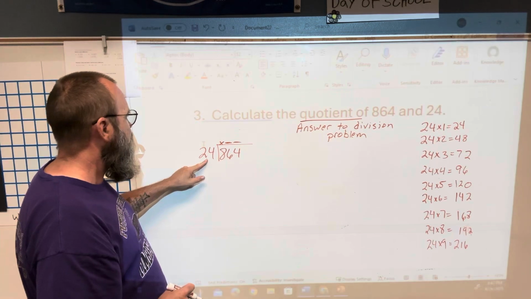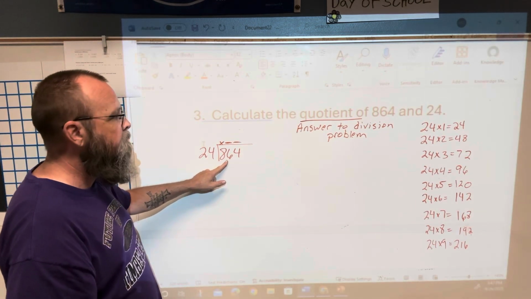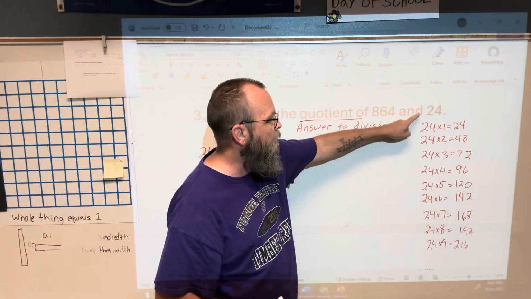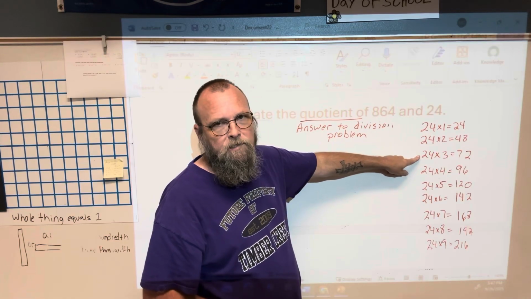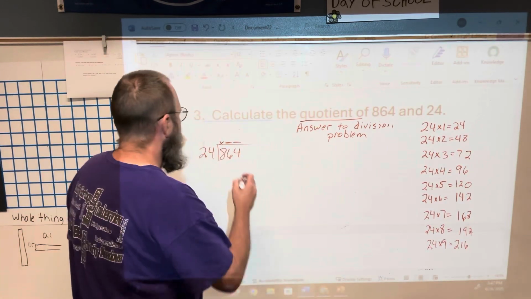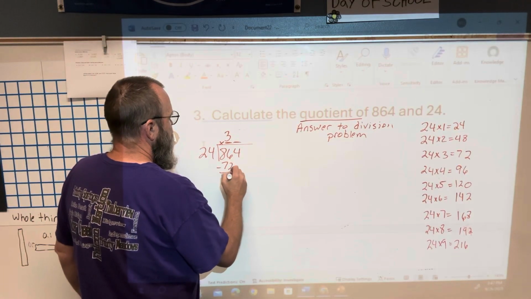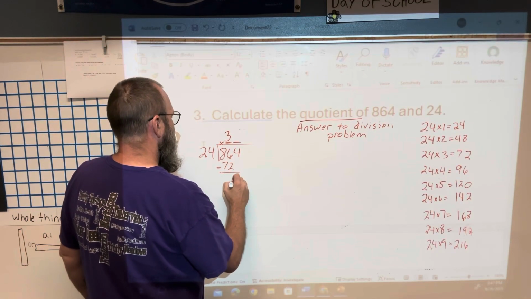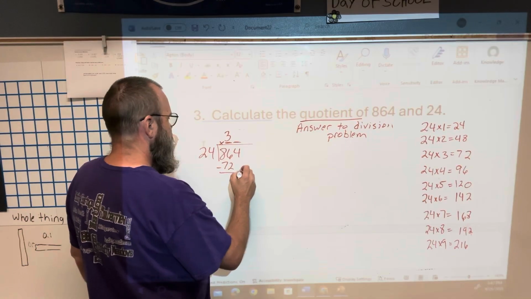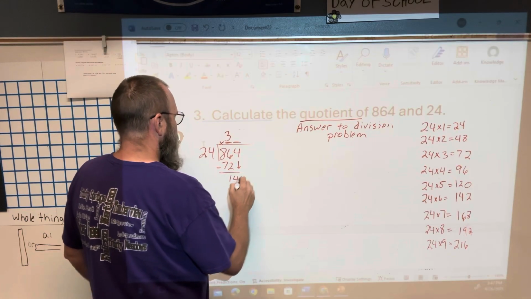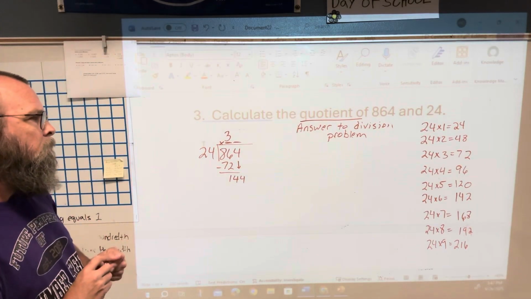If I look, I have 24, and I want to get as close to 86 as I can without going over. Well, that's 24 times 3, because that's 72. So I'm going to have a 3 in my tens place. And then I'm going to subtract. I'm going to get 14, and I bring down the 4 and make it 144.